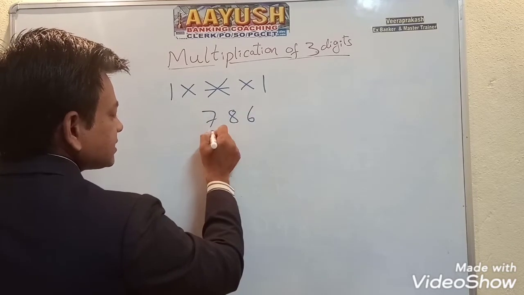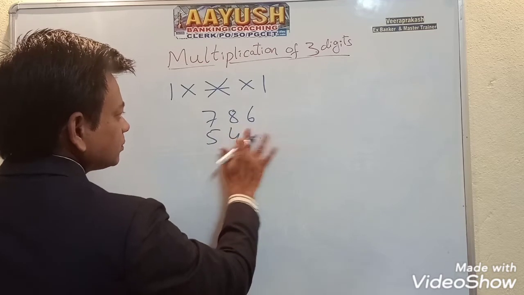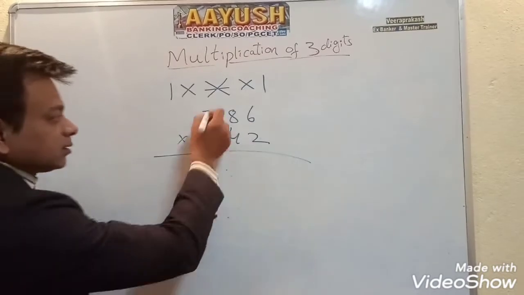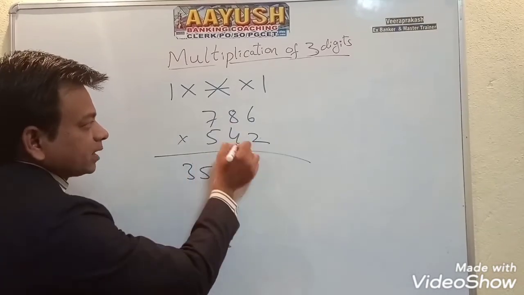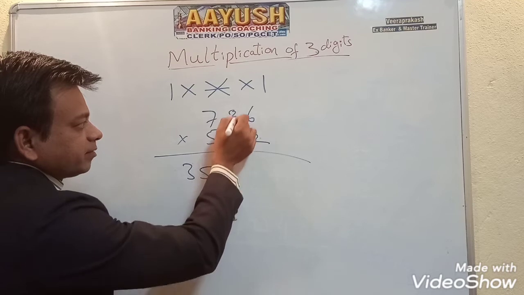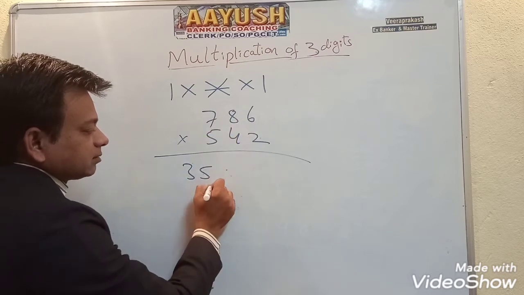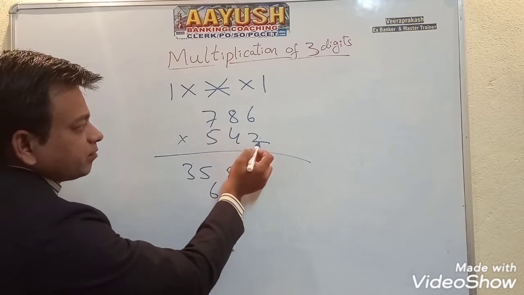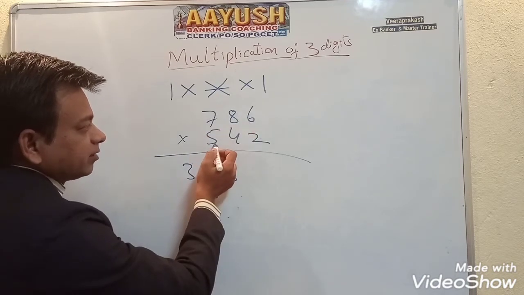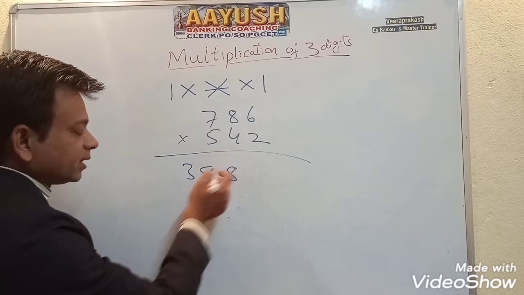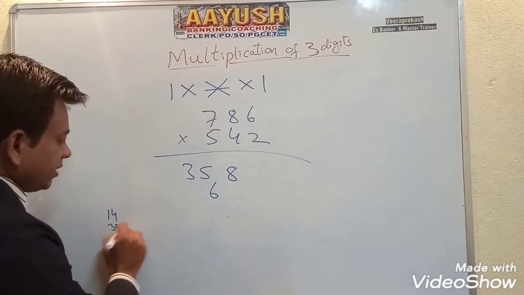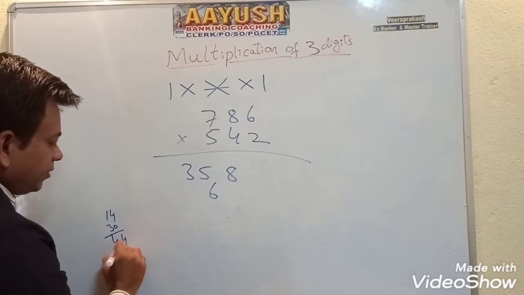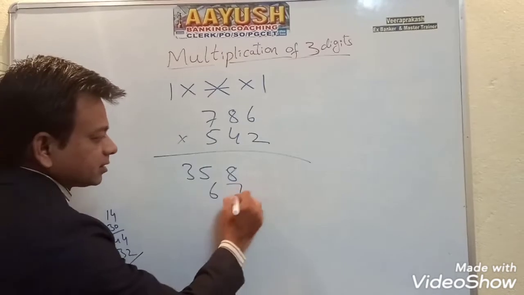Okay, so we'll have some more examples. Say 786 into 542. 7 5s are 35, 7 4s are 28, 8 5s are 40, so 28 plus 40 is 68. 7 2s are 14, 6 5s are 30, 14 plus 30 is 44, and 8 4s are 32, 44 plus 32 is 76.